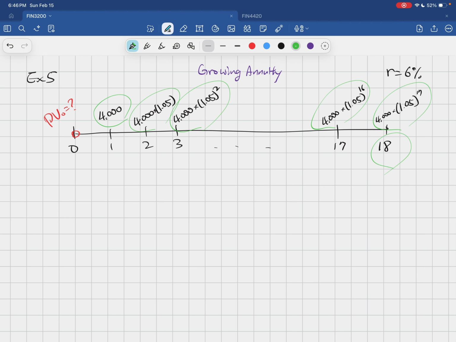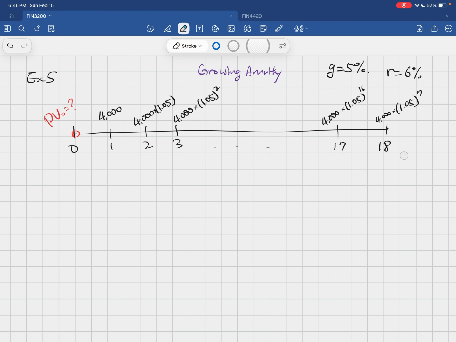And it grows at a constant rate. In this case, the growth rate of the cash flow is 5%. Okay, so we have a growing annuity. Since we're trying to solve for the present value of this series of deposits, we're going to use the PVGA formula, present value of a growing annuity.